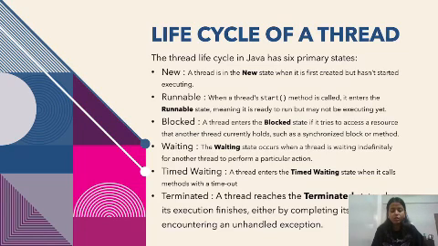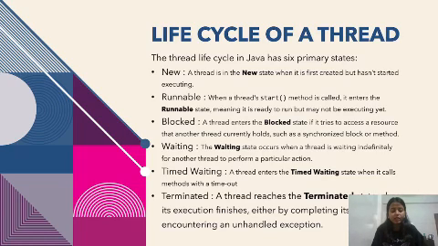Every thread in Java goes through a life cycle which includes several states. These states are new, runnable, blocked, waiting, timed waiting, and terminated. When a thread is first created, it's in the new state. When it is started, it moves to the runnable state, waiting for CPU resources.